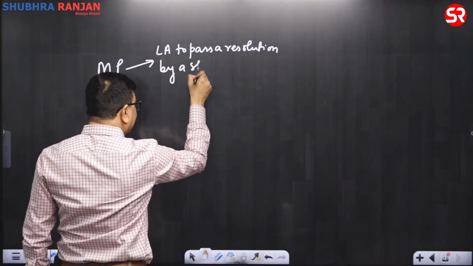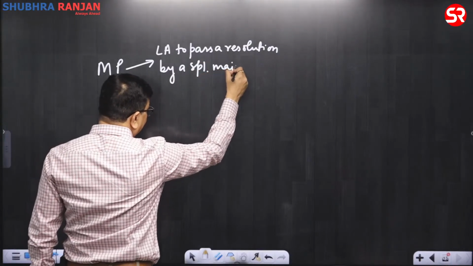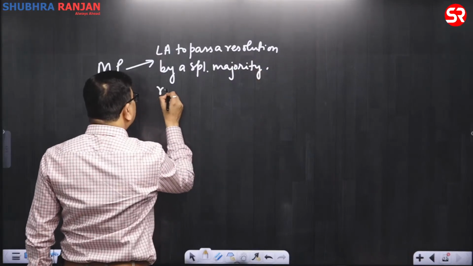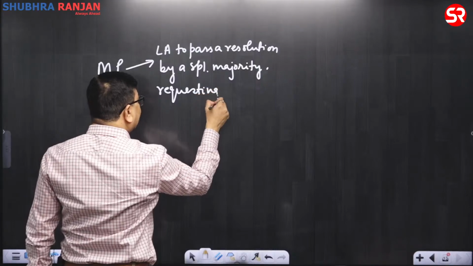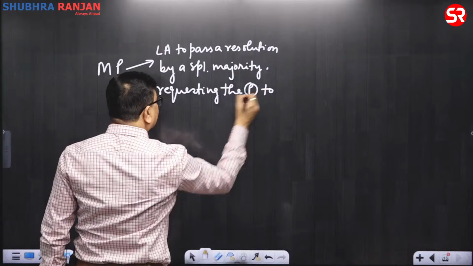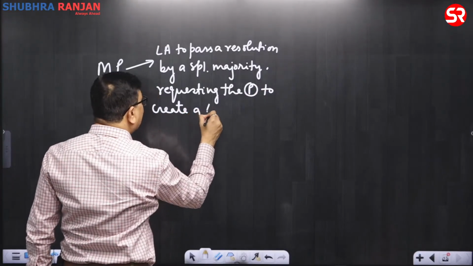by a special majority, the majority that we are discussing, requesting the parliament to create a legislative council.